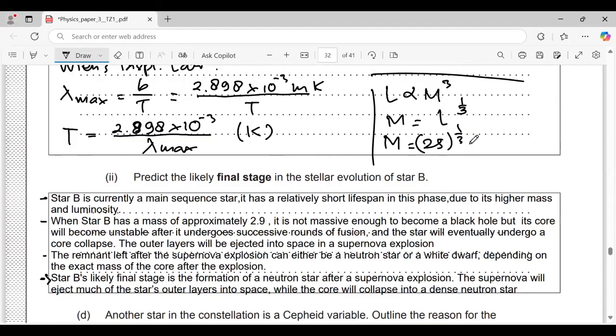If you calculate, the result is 2.9. So the mass is 2.9 of the mass of the Sun. The star B has a mass of approximately 2.9 solar masses.